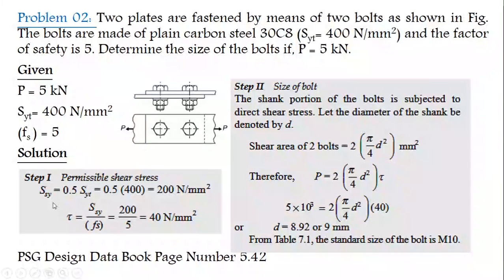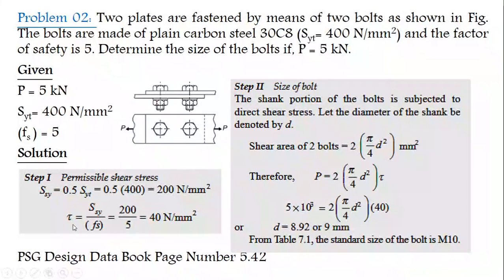The equation: shear strength equal to 0.5 times yield strength. This is the formula. Through this formula, we can find the shear strength of the bolt. So 0.5 into 400, 400 is the yield strength. And then shear stress: shear stress equal to shear strength divided by factor of safety.